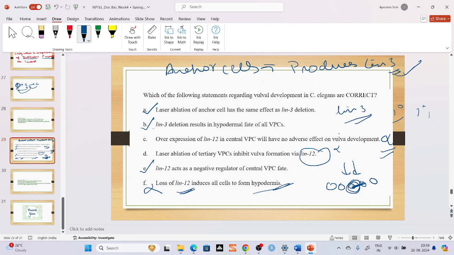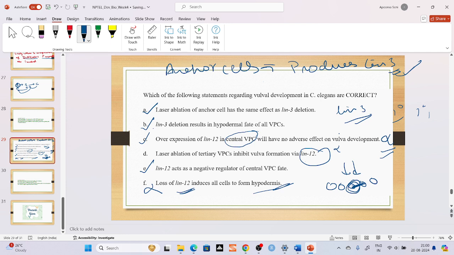C is also correct. Why is C correct? C statement says that overexpression of Lin12 in central VPC will have no adverse effect on vulva development. Because the function of Lin12 is to cause the lateral inhibition.